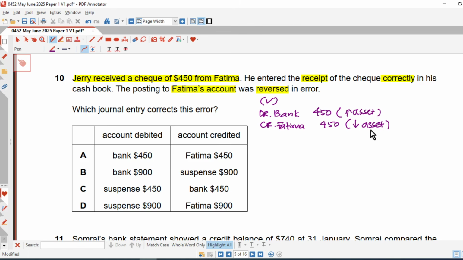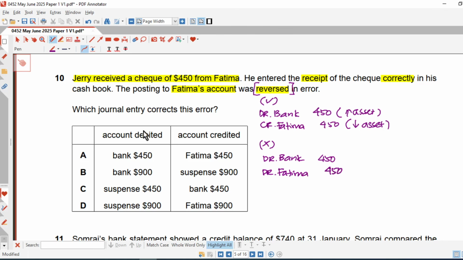What have we done wrong? We did not make any mistake on the bank. So we did a debit 450. This is correct. But instead of crediting Fatima, we reversed the entry. So we actually debited Fatima's account by 450.